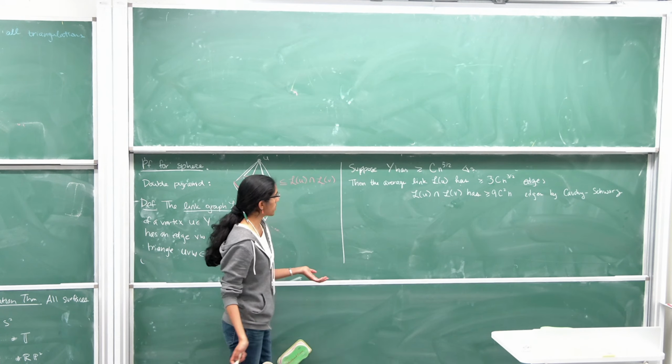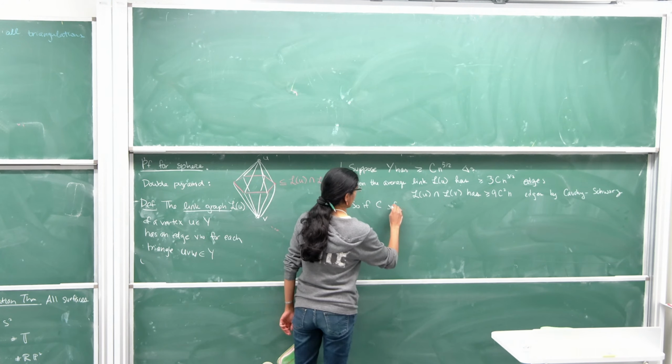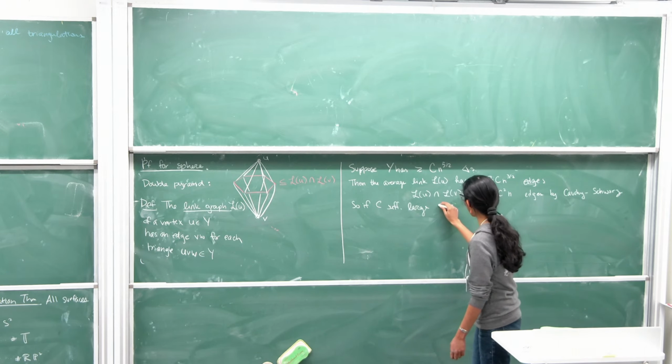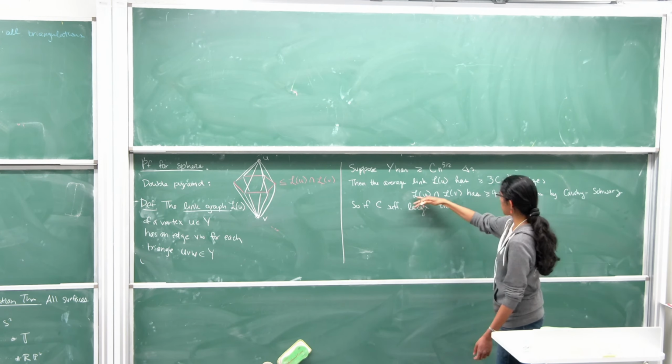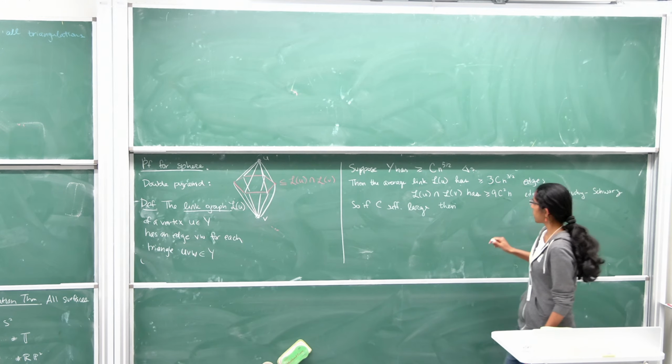So if we pick C large enough, then we can find U and V that are distinct so that this thing is at least n.